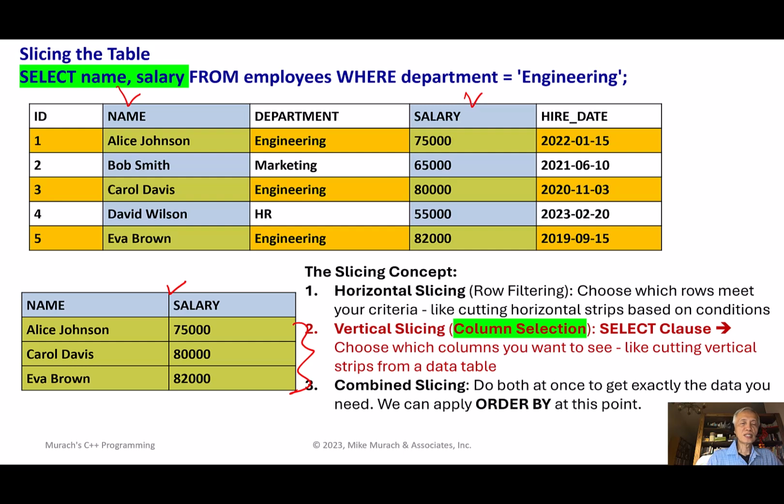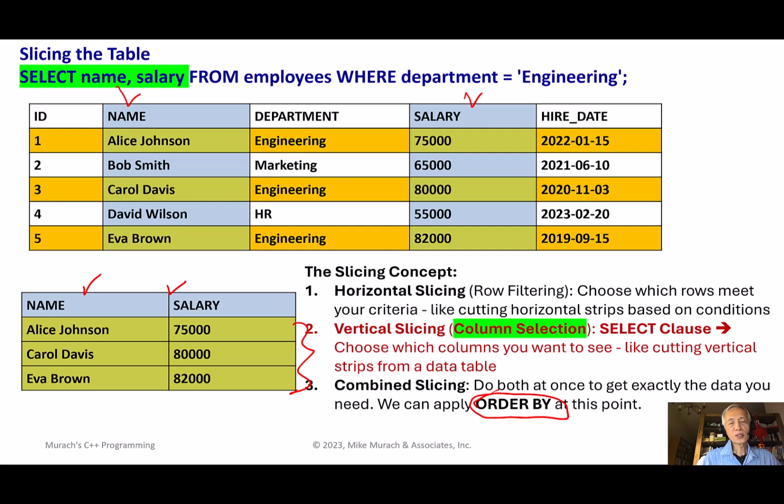And if we want to see the result in the sequence of, let's say, the employee's name alphabetically, we can say sort by name. By the way, in SQL, the sorting is called order by. We can just add to the SQL statement and say order by name.